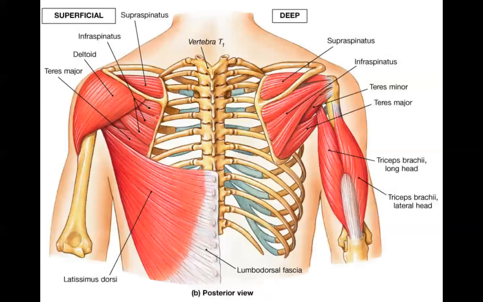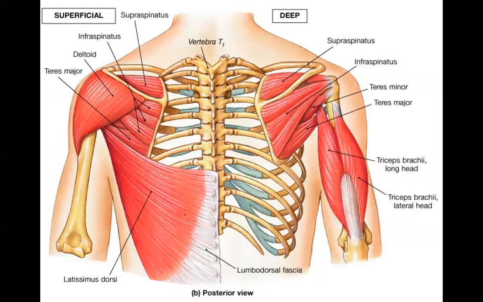And here's all these muscles from another view. On the left is superficial, where you can see that trapezius has been removed. So we can see some of the muscles of the rotator cuff, supraspinatus, infraspinatus. The deltoid is still there with its origin at the insertion of trapezius, that is the clavicle and the scapula.